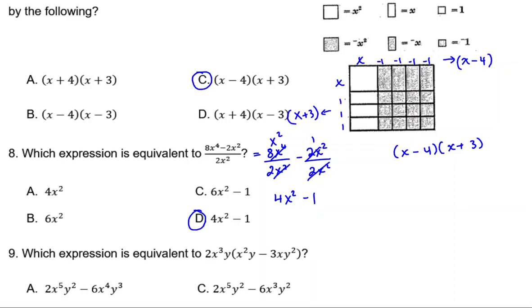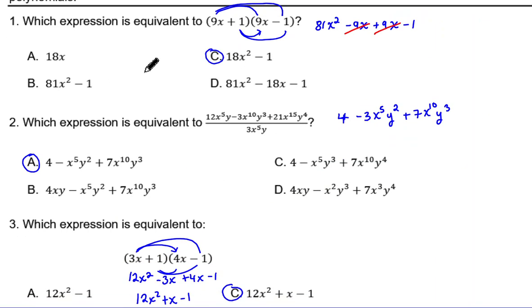Since I'm on this topic, let me just quickly go back to this problem and show you how you can set this up to make sure that everything gets divided properly.